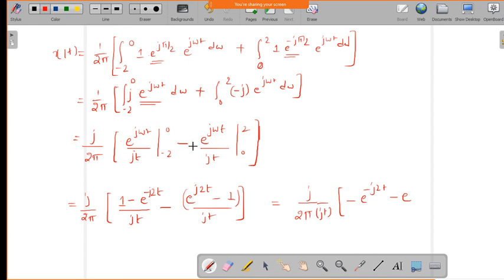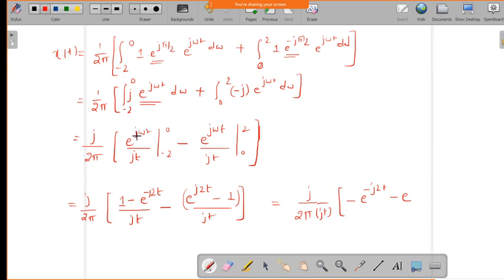So if you put minus, okay, so this is jt, it is minus 2 to 0 into e power j omega t, plus 0 to 2 minus j into e power j omega t into d omega.